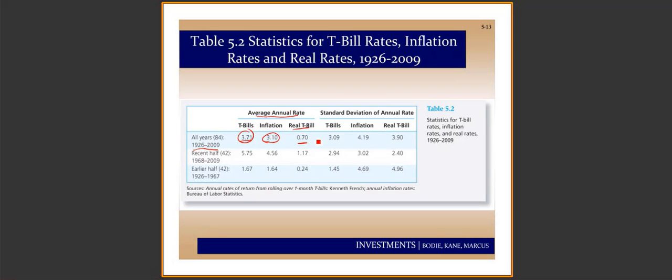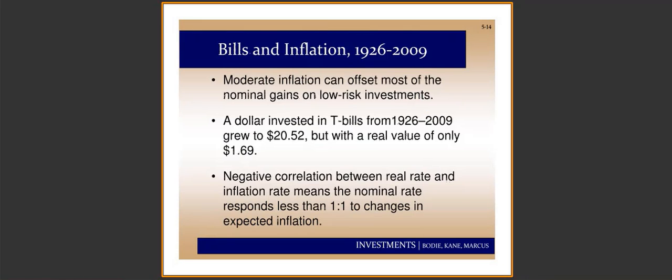Okay. In fact, on the next slide, we're going to see something kind of interesting. Well, let's just go take a look here. It says moderate inflation can offset most of the nominal gains on low-risk investment. So if you had invested $1 in T-bills, okay, so let's say from 1926. In 1926, great-grandpa invested $1.